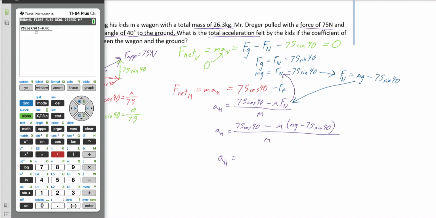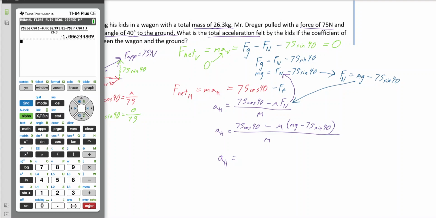Bracket mass, which is 26.3, times acceleration due to gravity, which is 9.81, minus 75 sine 40, and another bracket. So that's the entire top, and then we're dividing by our mass, 26.3, and here is our acceleration.